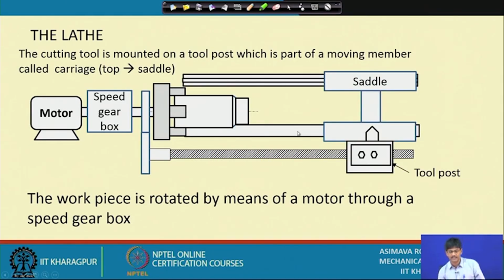Okay, in the next slide, what we see is now the upper part of the carriage called the saddle. Just like we put a saddle or seat on the back of a horse, on top of the lathe bed seen from the top, the basic body of the lathe, we have put a saddle-like element. Okay. So, this one is containing the tool.